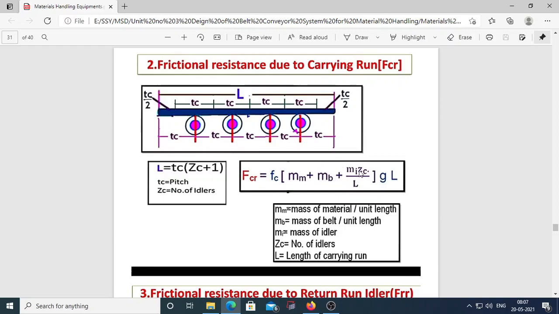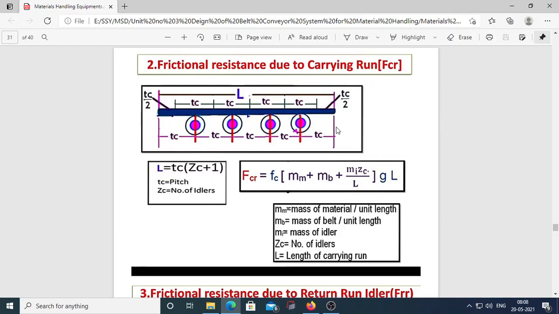Then mi is nothing but the mass of each idler, given in kg. Remember that. And zc is nothing but the number of carrying run idlers. And what is G? G is the gravitational acceleration and L is the length of the belt. You have to calculate the FCR value with the help of that formula.